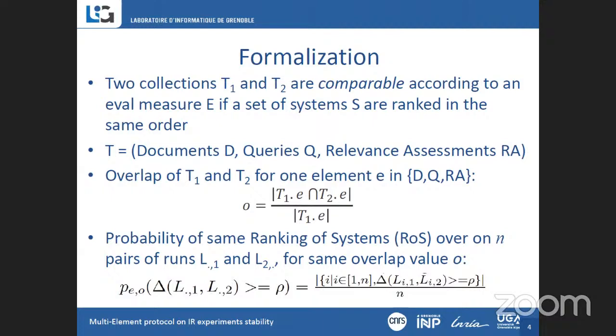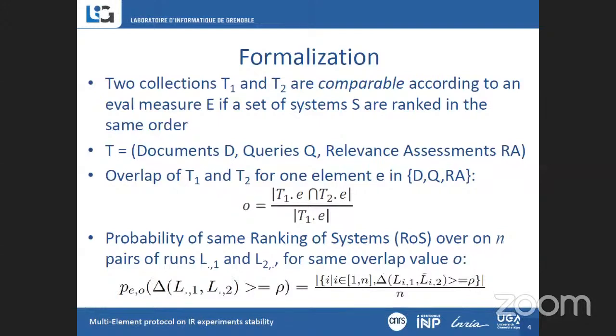To do that, we can split the collection according to several elements, for instance the documents, the queries, and also the relevance assessments. And to evaluate the amount of overlap, we use a classical and simple way to compute the overlap between test collections, or sub-test collections.